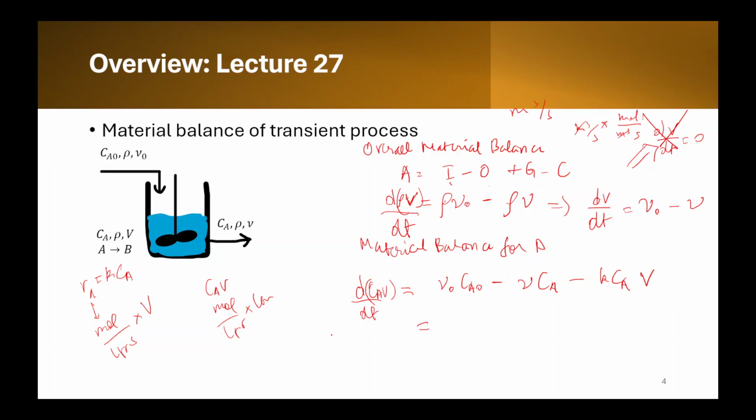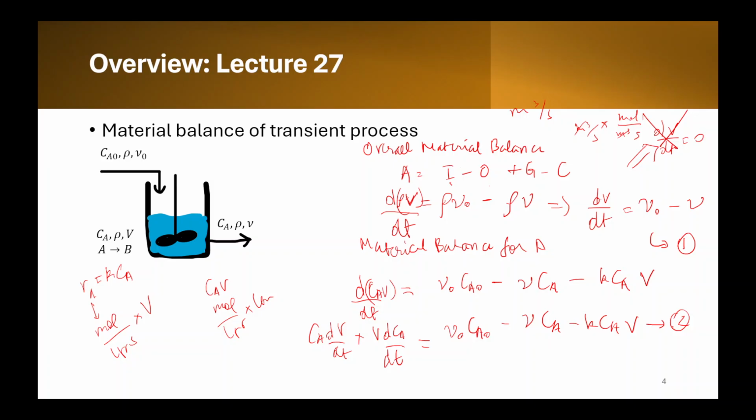So this opens up as Ca dV by dt plus V dCa by dt equals nu naught Ca naught minus nu Ca minus Kca V. These are the two equations that you form, and then you further solve them to get your answer.